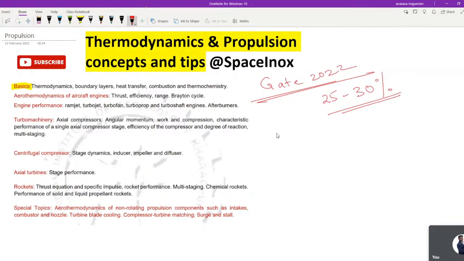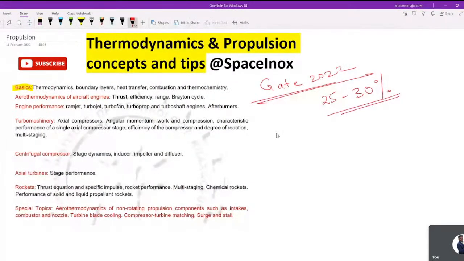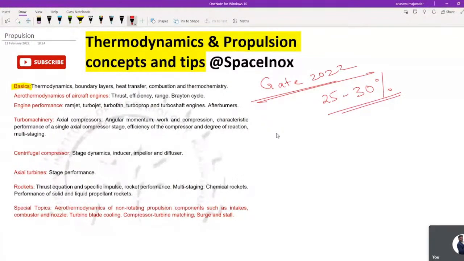We cannot assure you properly, but if you see overall all the GATE question papers, we expect it will come within this 25 to 30, and this is one of the most scoring proportions among all. It's very much scoring. So let's begin with the first topic.